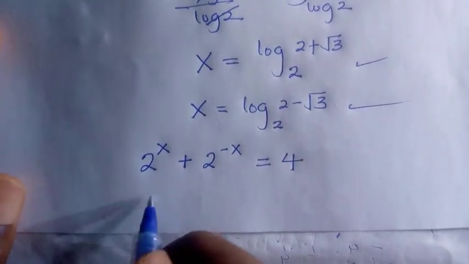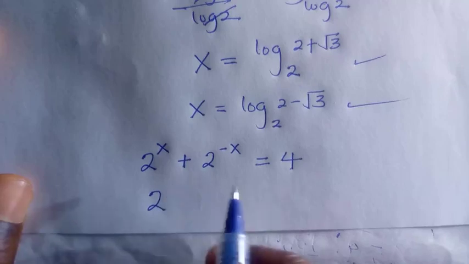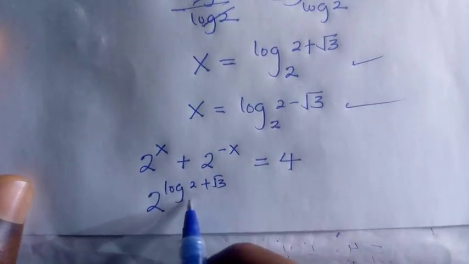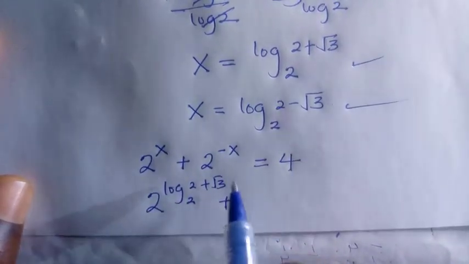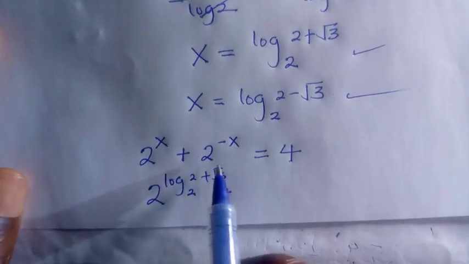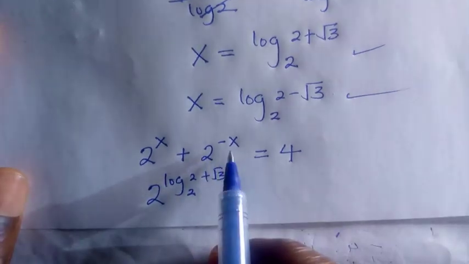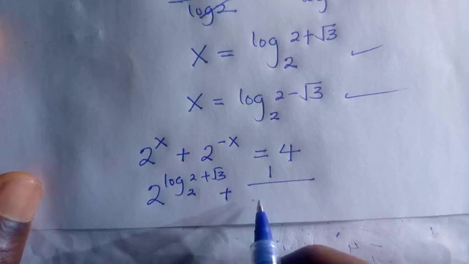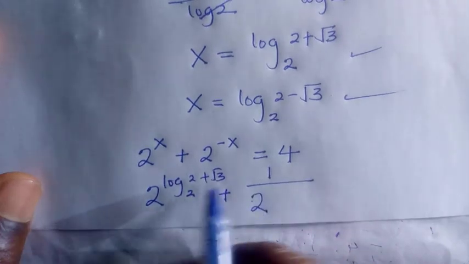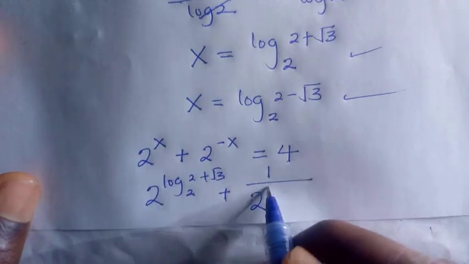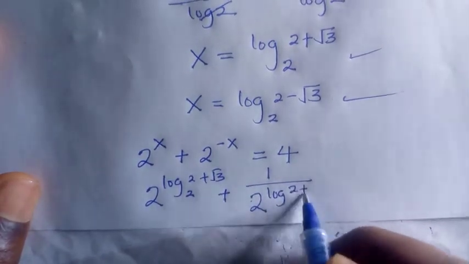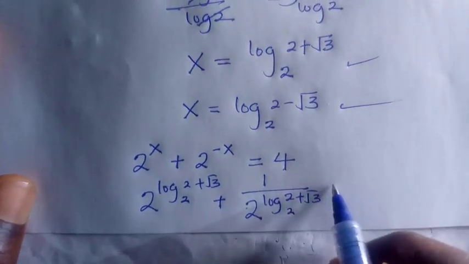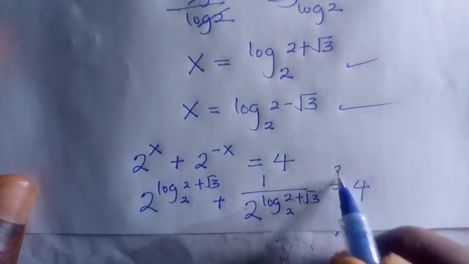Instead of x, we replace it with 2 to the power of log of 2 plus root 3 base 2, plus 2 to the power of minus x, which we rewrite as 1 divided by 2 to the power of log of 2 plus root 3 base 2. I want to check if this equals 4.